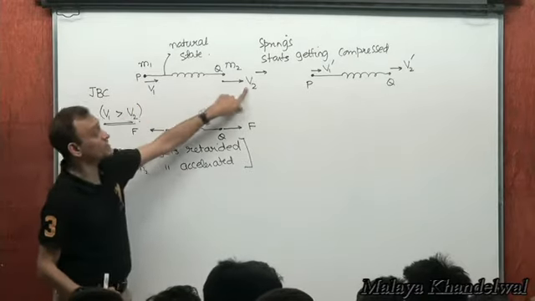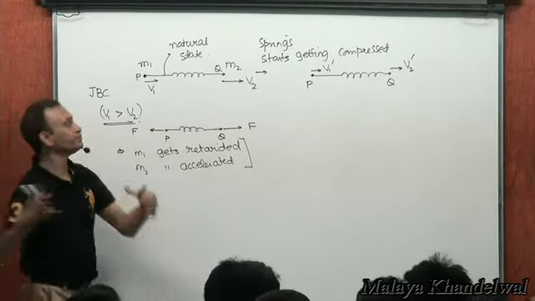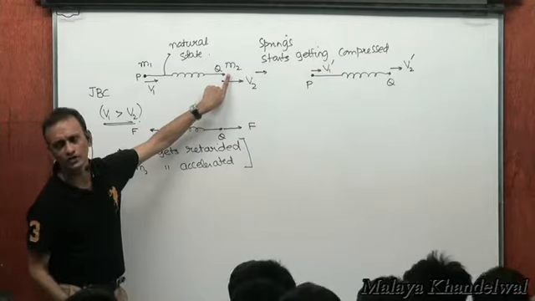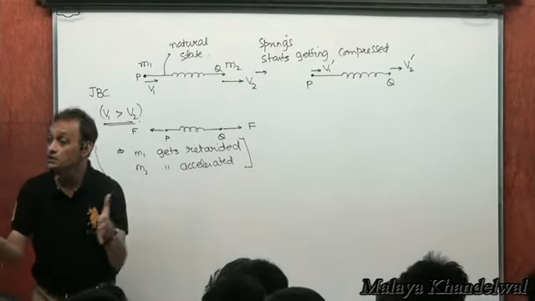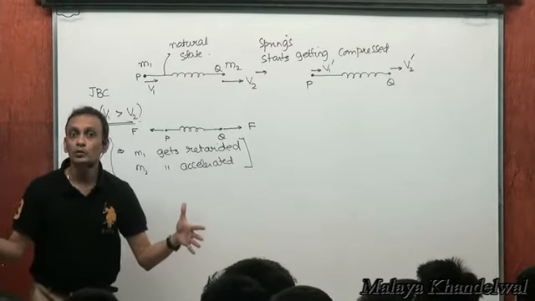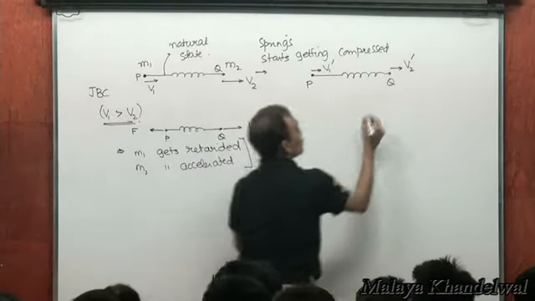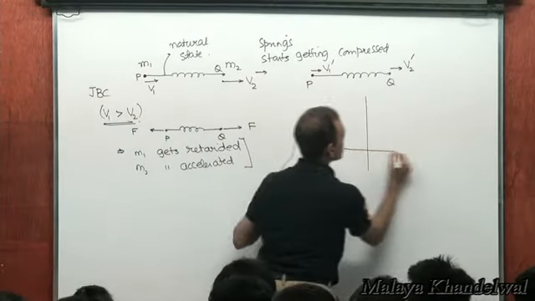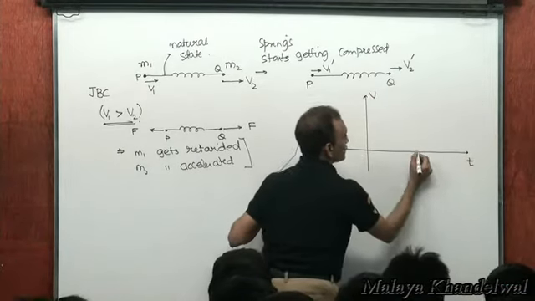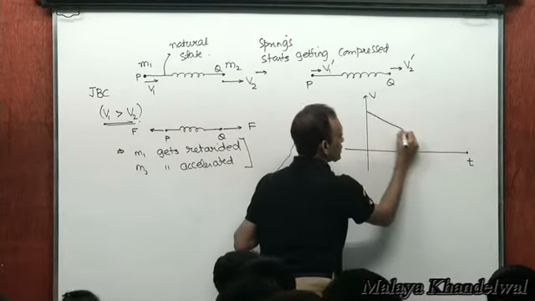Initially the velocity of this is higher compared to this. However, during this regime, as long as the velocity of this is larger than the velocity of this, the spring will keep getting compressed, right? Its compression levels will go on increasing. So, for the velocities of the two particles over the short time delta t: for m1 the velocity decreases.